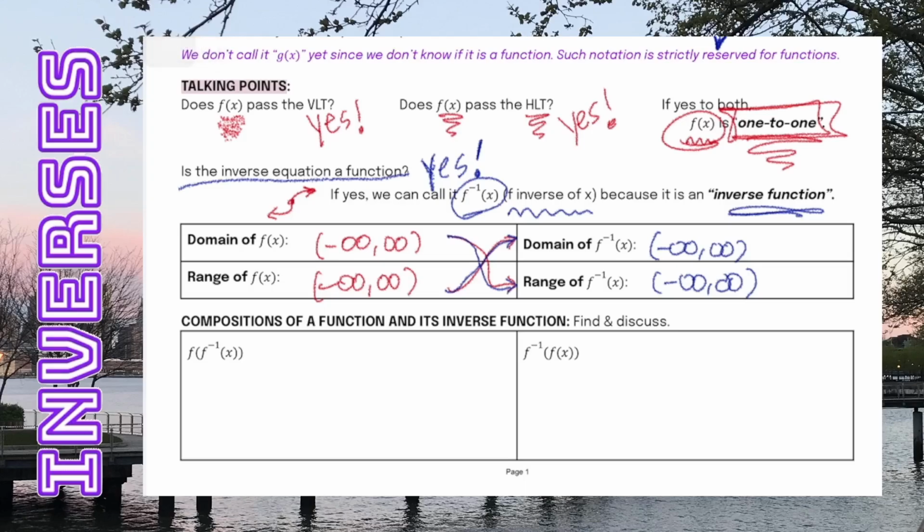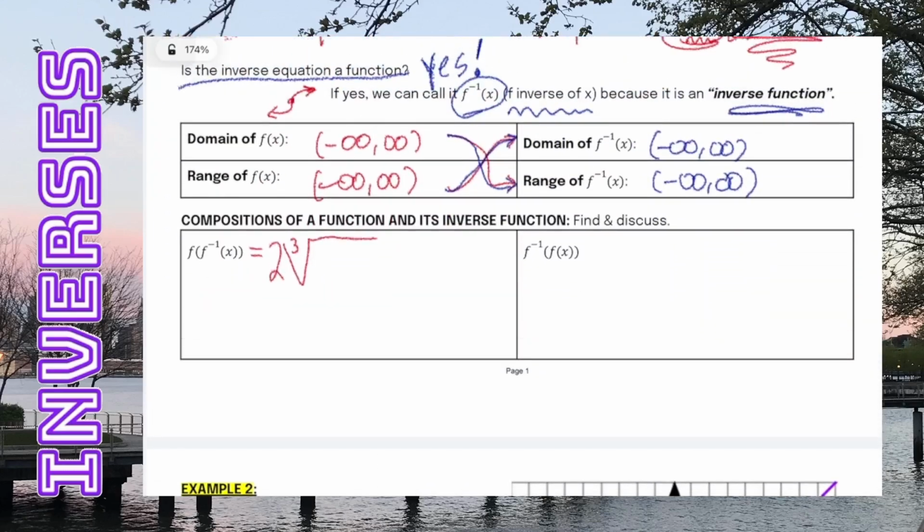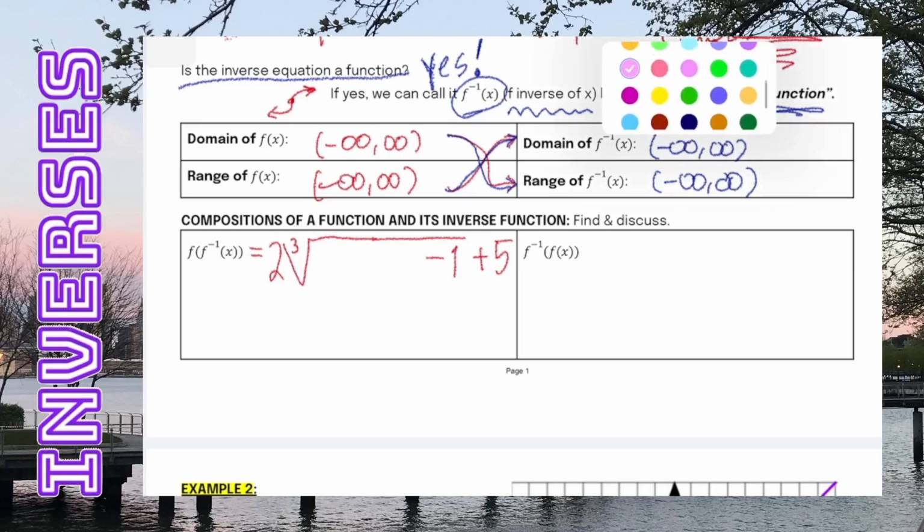Now, one last thing, when you have a function and its inverse and we compose them together. That means I'm going to take 2 cube root of, now what was it? I already forgot. x minus 1 and then plus 5. So x minus 1, and then on the side, plus 5. And in here, where x would go, I'm going to fill in the inverse, f inverse of x. So again, let's, with the highlighter, be a little bit more specific.